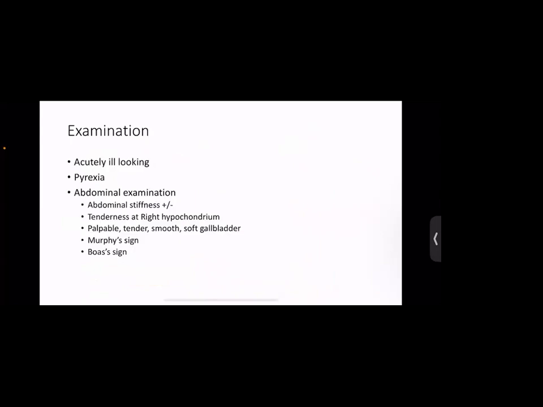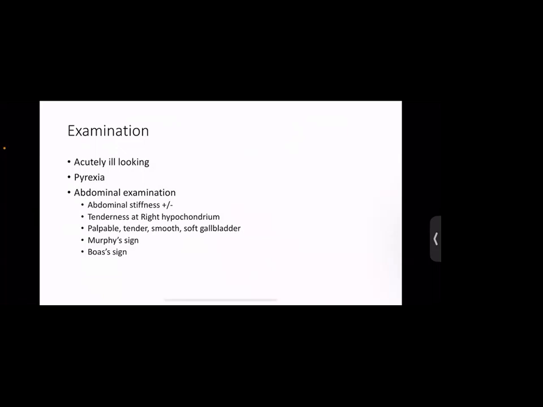On examination, the patients are actually ill-looking. There's pyrexia. On abdominal examination, there might be abdominal stiffness, tenderness at the right hypochondrium. The gallbladder is palpable, tender, smooth, soft. Presence of Murphy sign.